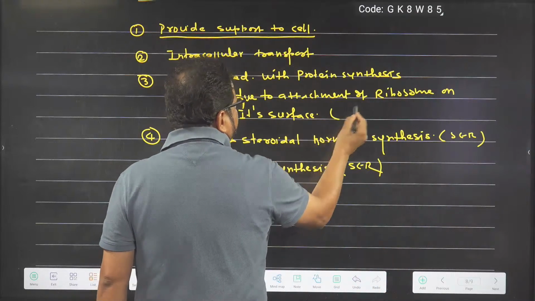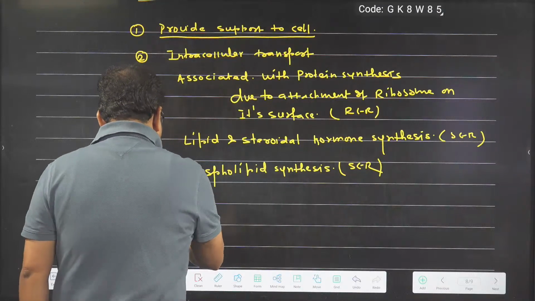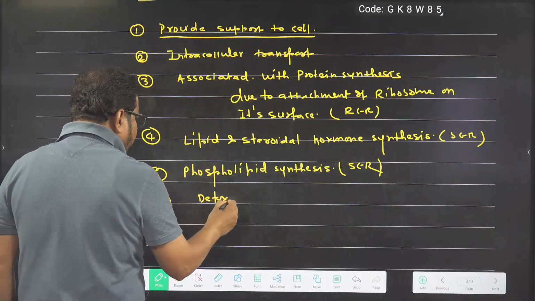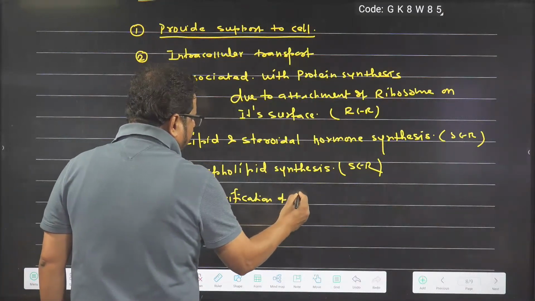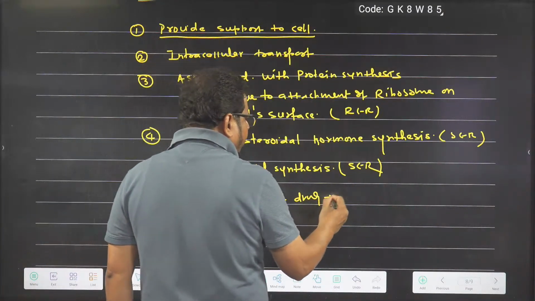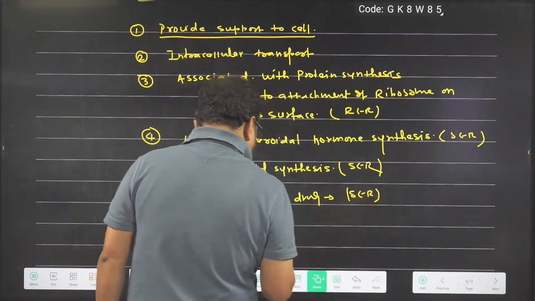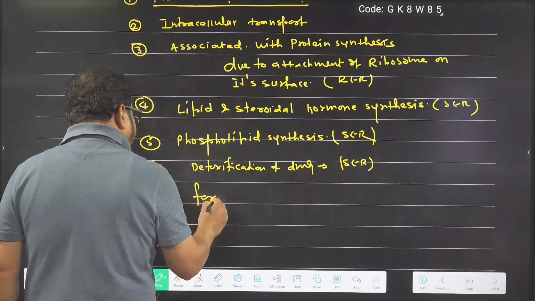These are associated with which one? RER. Understanding the idea or not? If we talk about another function, I am writing once again, detoxification of drug. And this is also done by which one? SER. You can write another function, formation of Golgi body.